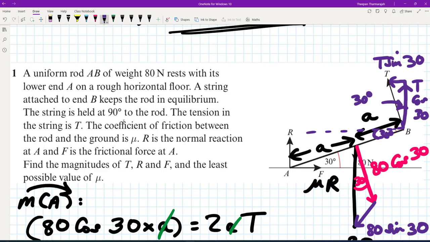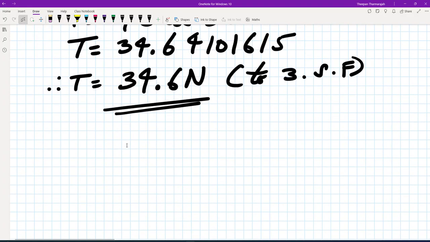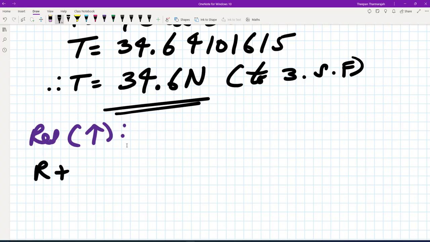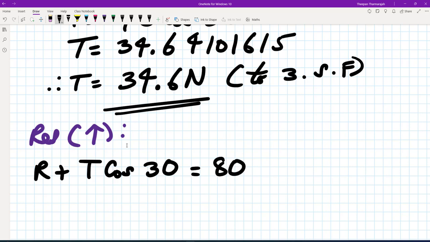So it's T cos 30 plus R. So resolving vertically upwards, we've got R plus T cos 30 equals the force coming down, which is 80. So R is 80 minus T cos 30.